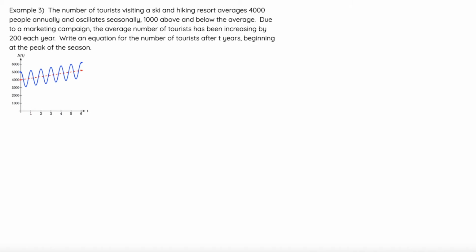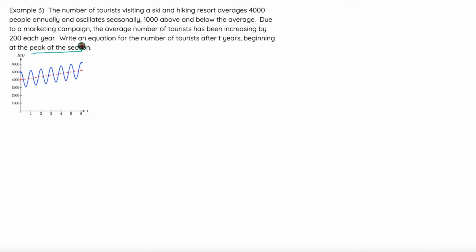Write an equation for the number of tourists, and this one gives us a particular graph to go along with this, which is a nice feature here. We're beginning at the peak of the season.